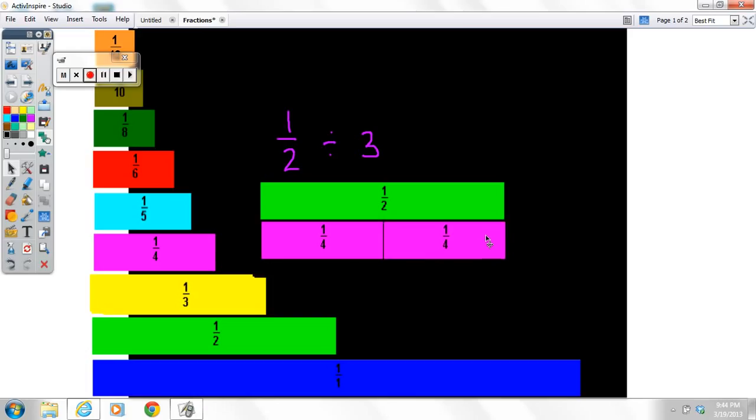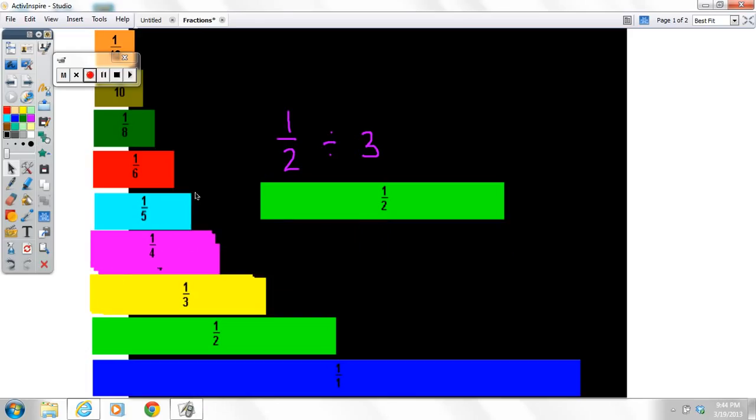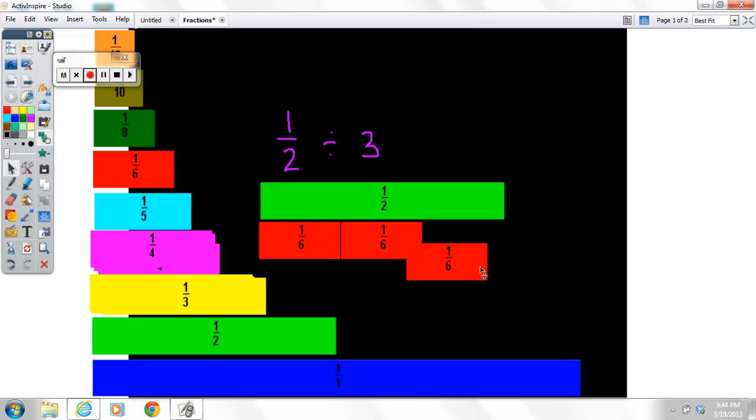No, I could tell 2/4 is equal, but I need 3 pieces because I'm taking this 1/2 and dividing it by 3. Well, let me just jump to my 6 pieces, because if I take 3 1/6 pieces, I could see that the 3 1/6 pieces is equal to 1/2.